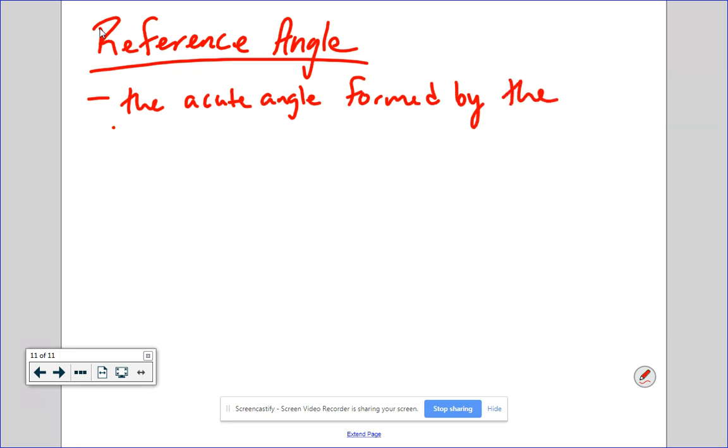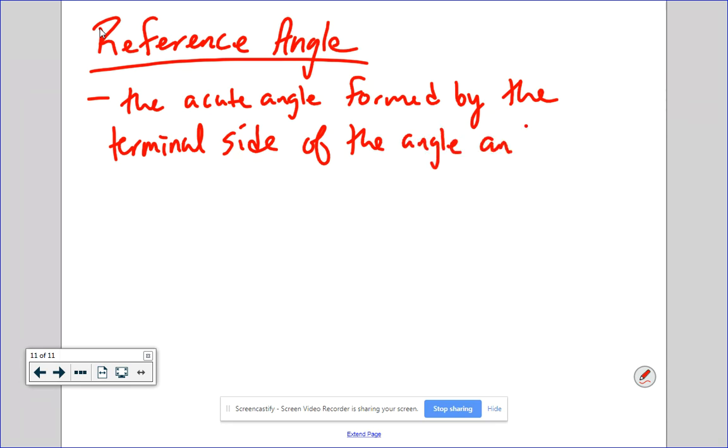And what do I mean by terminal? Is terminal where it starts or ends? Ends. Terminal is where it ends, terminates. Okay? Formed by the terminal side of the angle and the x-axis. Okay? It's formed by the terminal side and the x-axis.